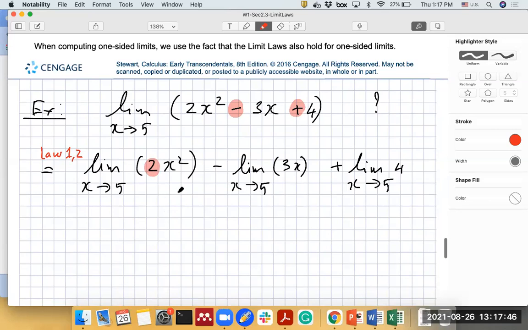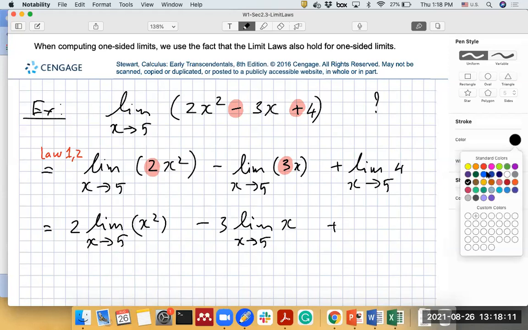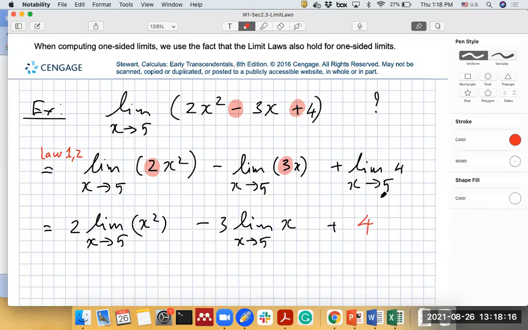It is a constant, right? Yes, we can pull it out. It would be 2 times the limit when x approaches 5 of x squared, minus 3 times the limit when x approaches 5 of x, plus the limit of a constant, which would be, what is it? Yes, the constant. Very good.